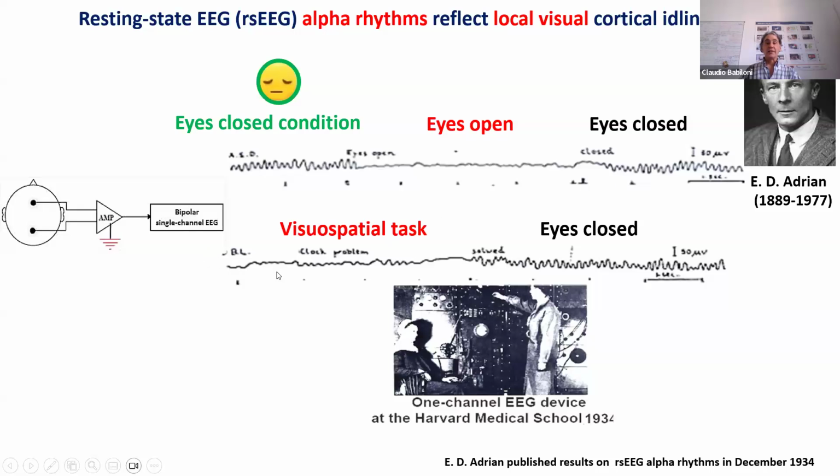Interestingly, the alpha rhythms showed a reduction, desynchronization, even when the subject was involved in the visuospatial task.